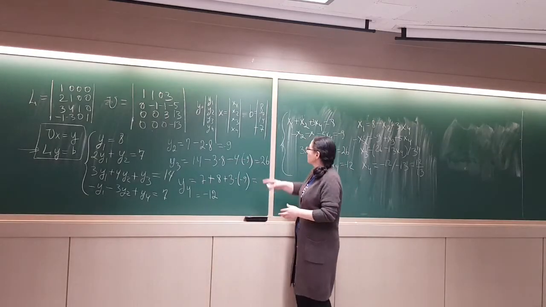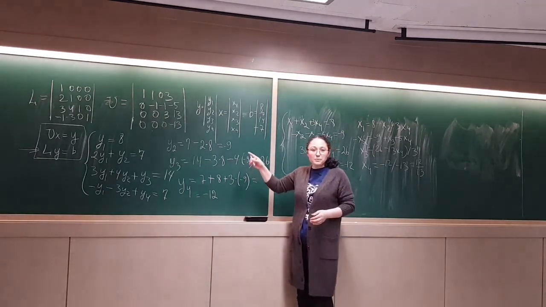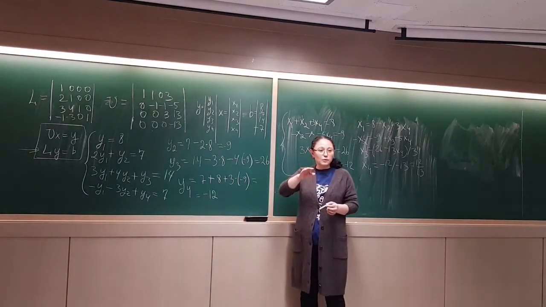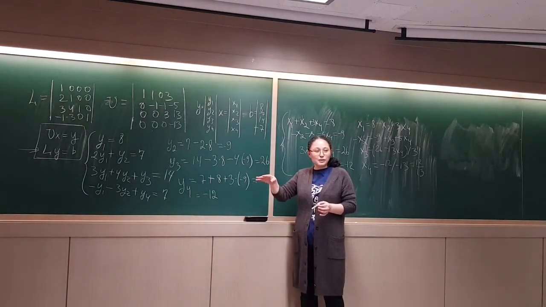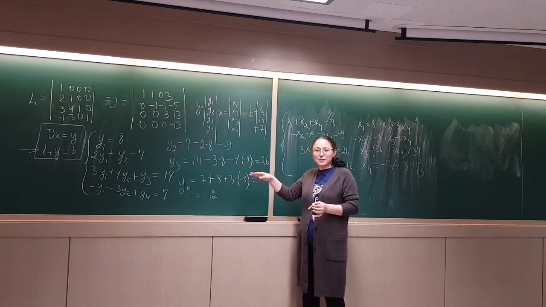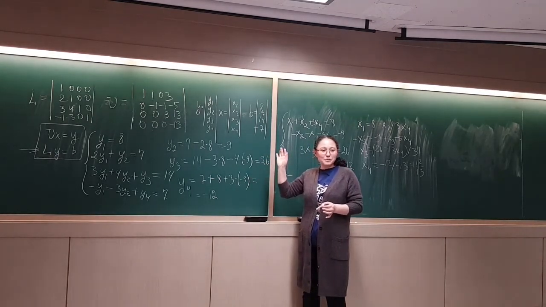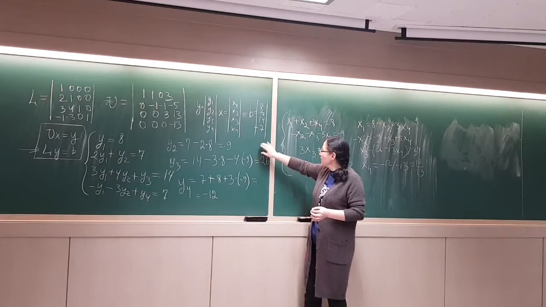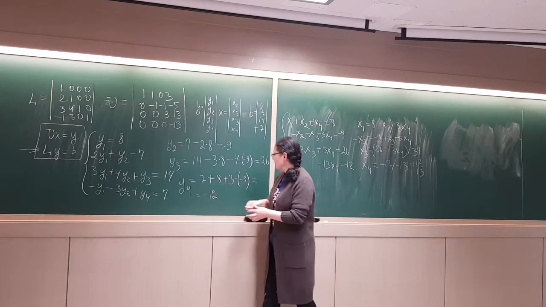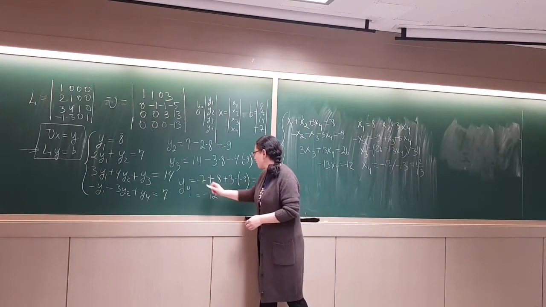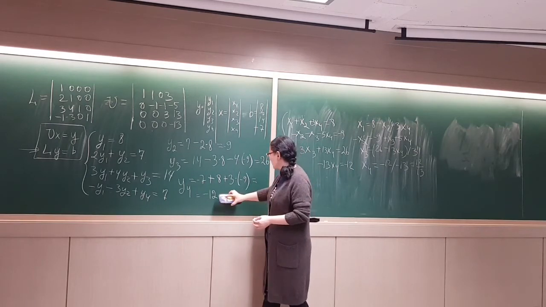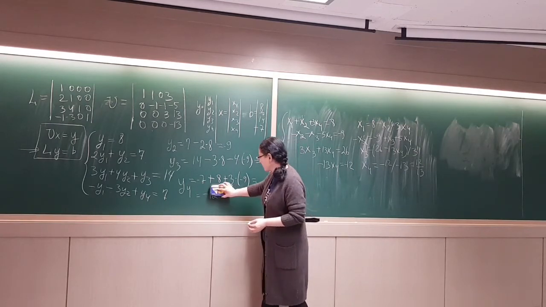This is minus 7. Sometimes I make mistakes writing from the book to the notebook, from the notebook to the paper. I can make this kind of mistake. This is minus 7. Because of minus 7, it will be this. It must be 13, right?